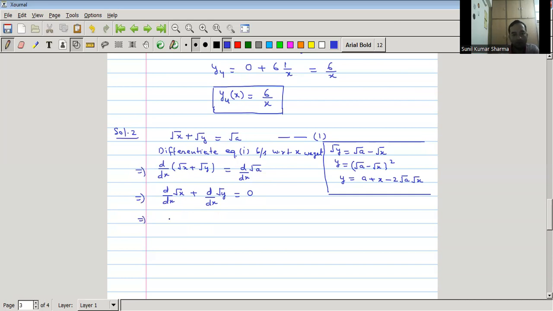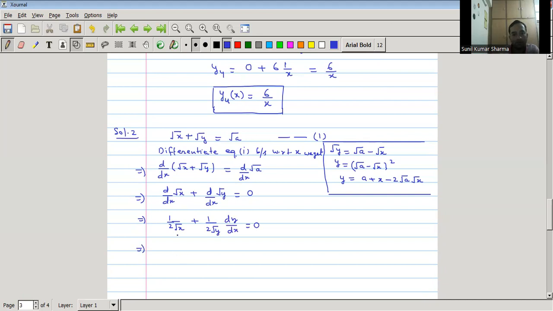1 upon 2 under root x, plus 1 upon 2 under root y dy upon dx, that is equal to 0.